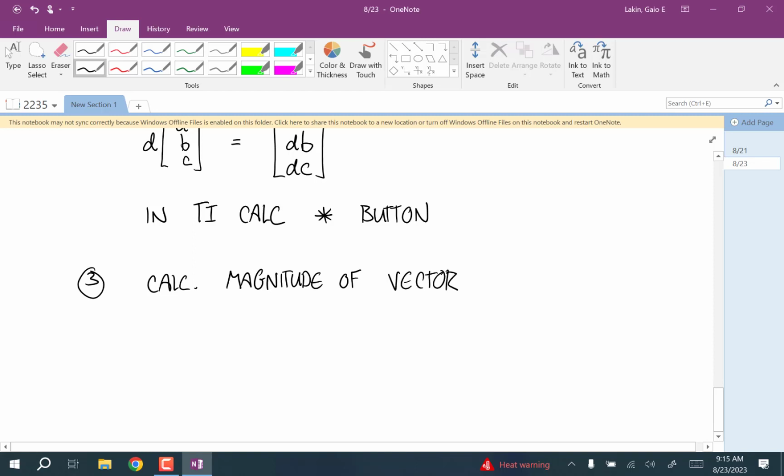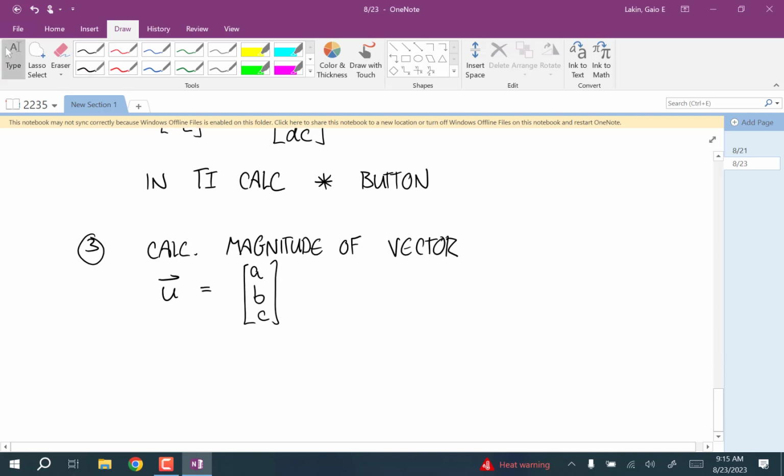And so if you have a vector u that's equal to ABC, the magnitude of that vector u, and you denote that as an absolute value of a vector, this vector symbol looks funny, let me make that better. It's just equal to the square root of the x component squared plus the y component squared plus the z component squared. If any of those components are negative, the squared makes it positive.